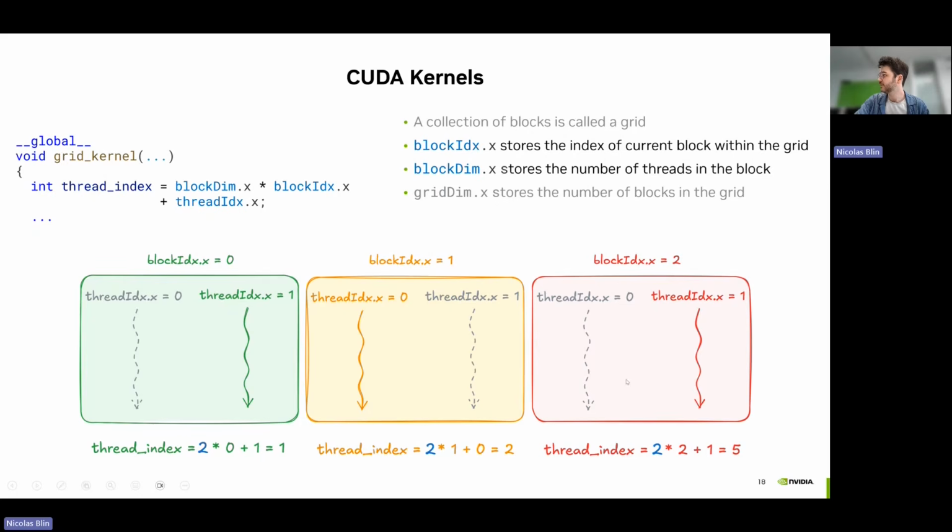And indeed, in the whole grid, this thread is the 5th thread. Here I have thread 0, thread 1, thread 2, thread 3, thread 4, and here thread 5. So again, by multiplying my block ID times the length of one block, blockDim, and then by adding the thread ID, I'm able to get what's my thread global ID in the entire grid.